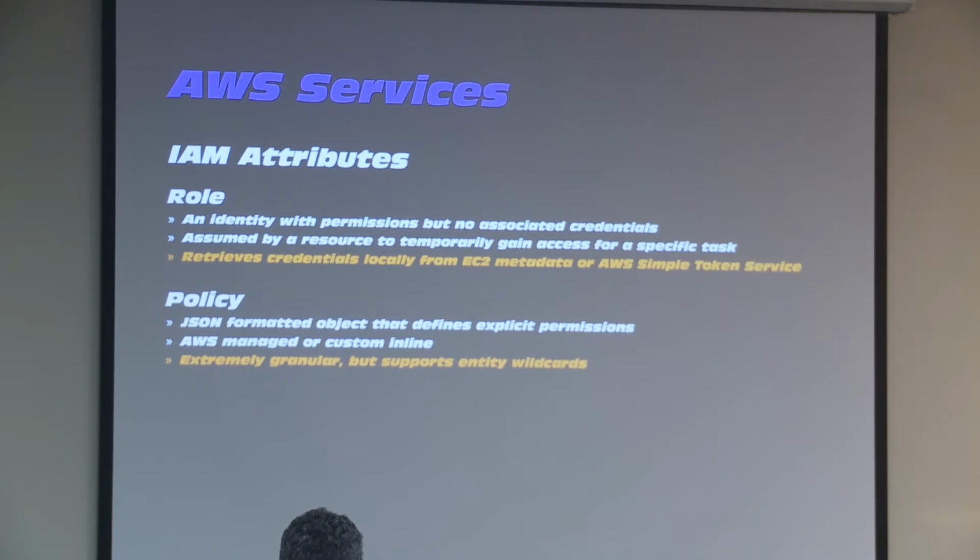They're very granular, but they do support entity wildcards, asterisks. So if you look at, let's just say, all the different S3 permissions, and there's tons of them, you've got get object and put object, and there's so many. If you just want to give a resource or a user access to all of those different permissions, you can just put in an asterisk, which, as we know, wildcards can be dangerous if used inappropriately.